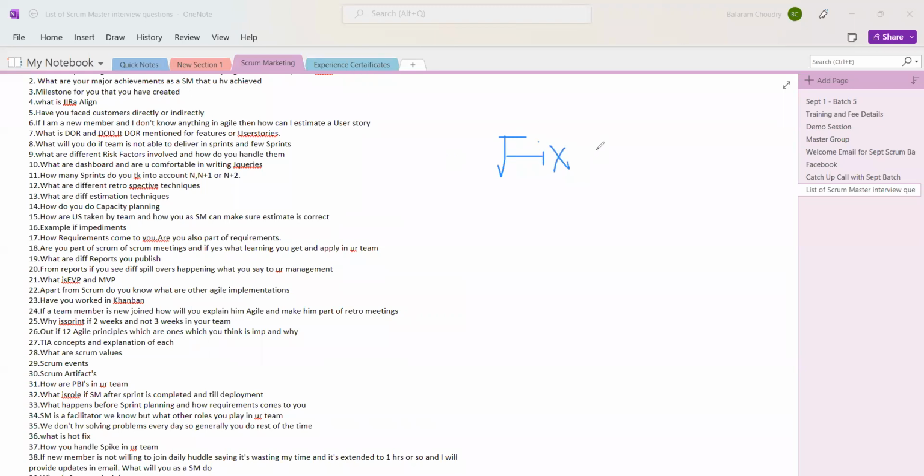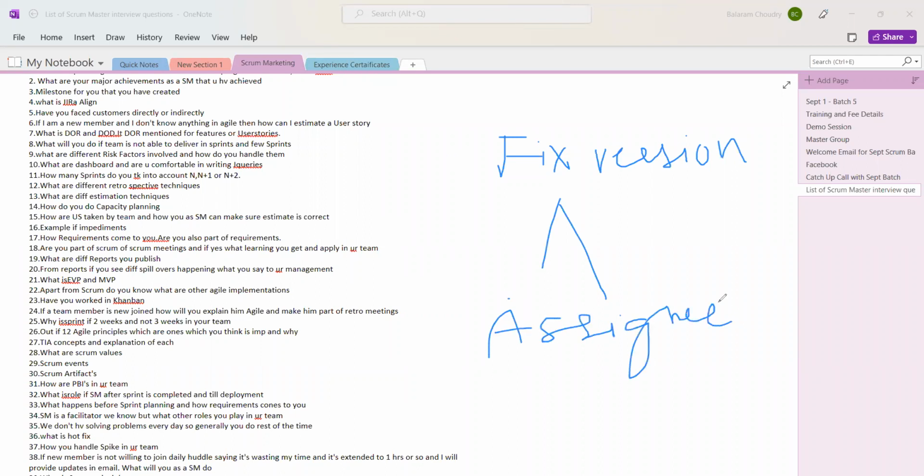So I can create a dashboard which has fixed version, as in, maybe for the next 3 releases, whatever items are planned and who the assignees are. Assignee is someone who is working on it. Yeah, correct. Okay, now writing queries, right?